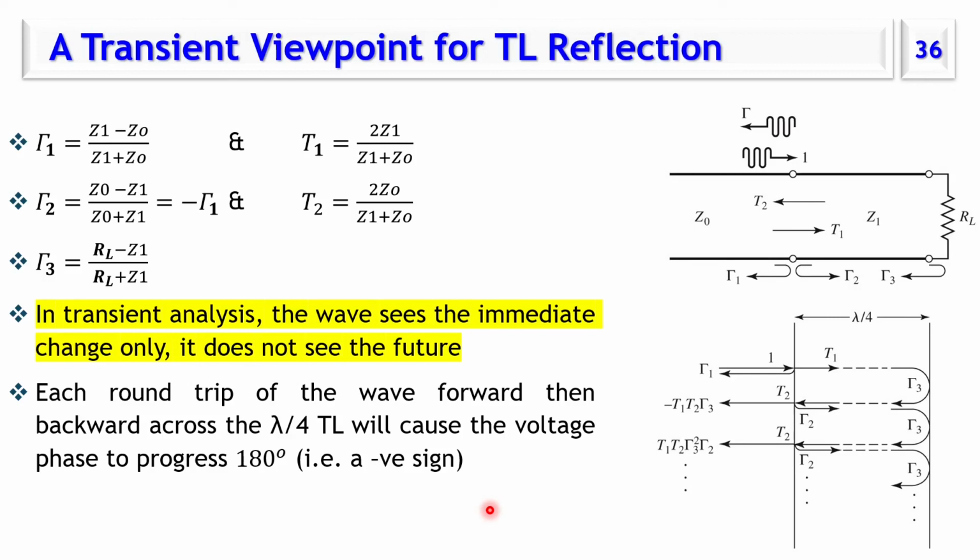The important point that we need to learn here is how to think about the transient analysis and how the microwave signal just sees what is happening immediately. It doesn't see the future. If we are thinking about transient analysis, we need to follow this intuition.